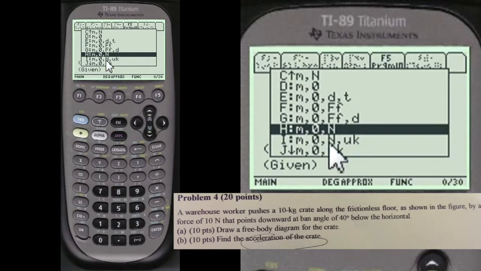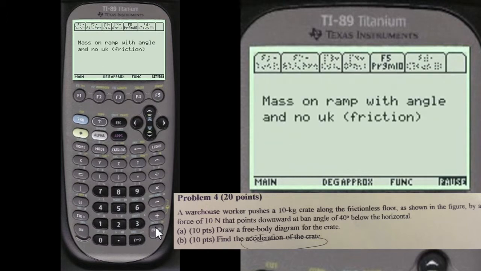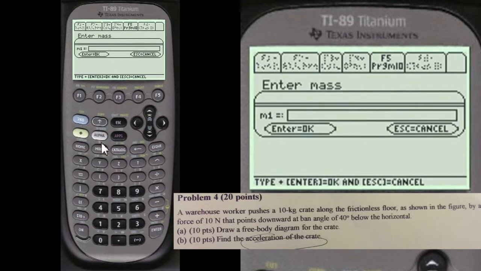So what's given? Well, what's given is mass, the angle, and the force in newtons. Not the friction force, but the force, okay? I'm going to choose that. Press alpha before you enter anything into these entry lines here.